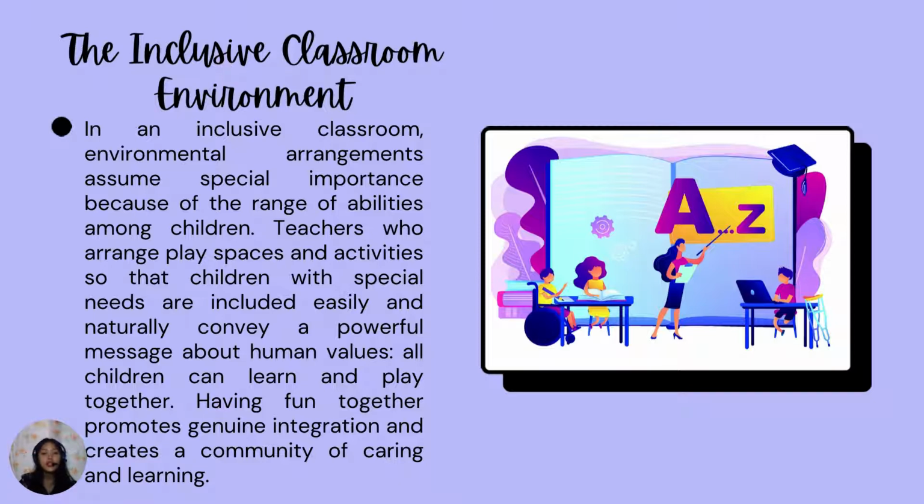So, an inclusive classroom environment is a school or classroom where students of every ability level receive teaching in the same place. This means that particularly able students learn alongside those who have special educational needs, such as dyslexia, dysphasia, and attention deficit disorder, for example.